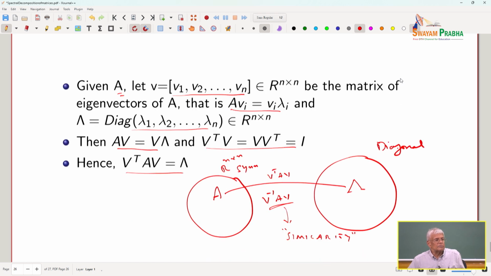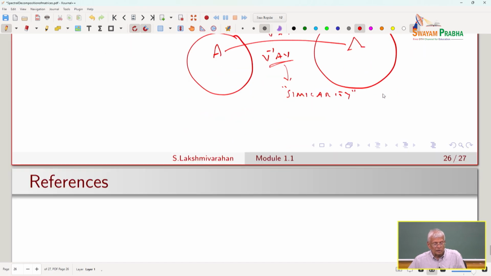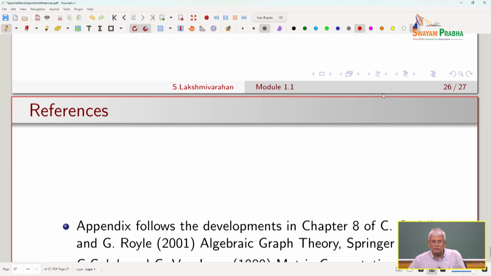If every real symmetric matrix is diagonalizable, the diagonal elements of lambda are eigenvalues of A. On top of it, if you give me a matrix that is symmetric and positive definite, I am going to say every symmetric positive definite matrix can be diagonalized with non-zero diagonal elements along the principal diagonal of lambda.